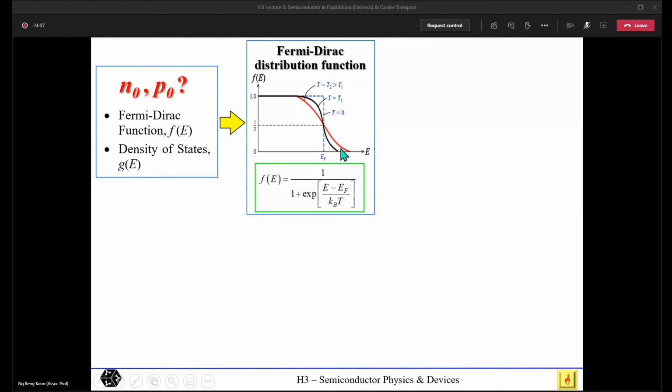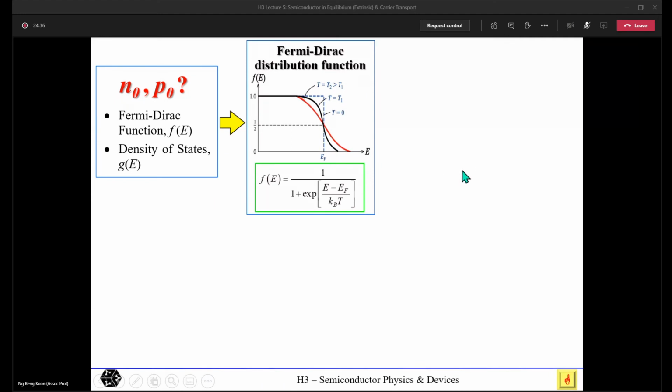Near the EF value, the probability of finding an electron there is no longer 100% for energy below EF. And for energy above EF, the probability is no longer 0 as well. There's some finite chance that you'll find an electron there.